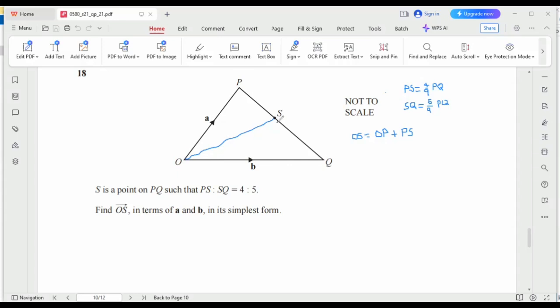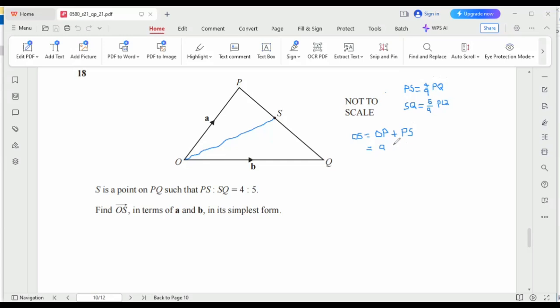So now we know OP is A. To get OS, we go to OP, which is A, and then PS. We don't know PS, but actually we've gotten an expression for it. It is 4 over 9 PQ.